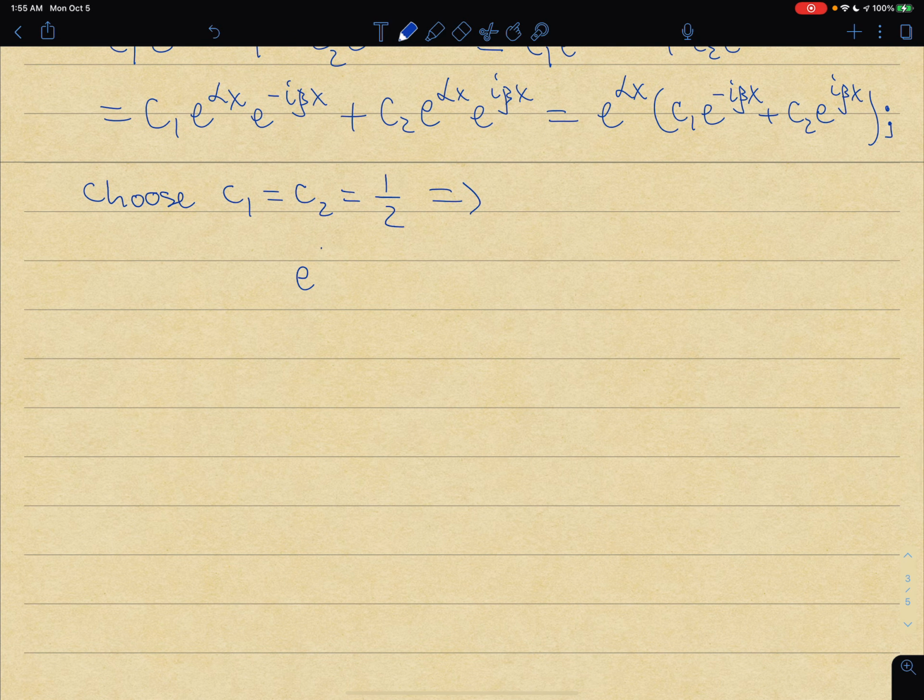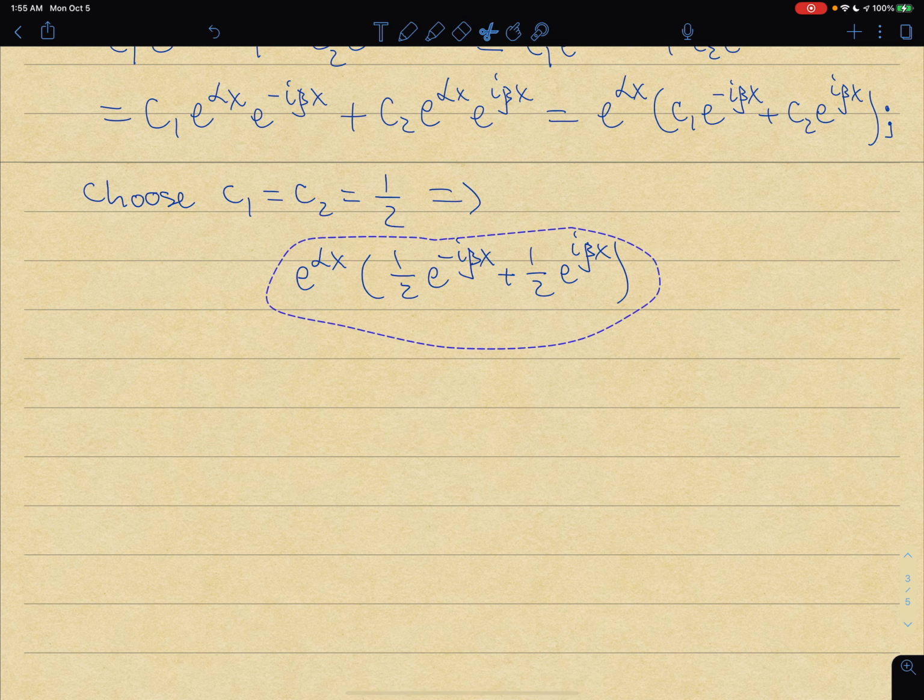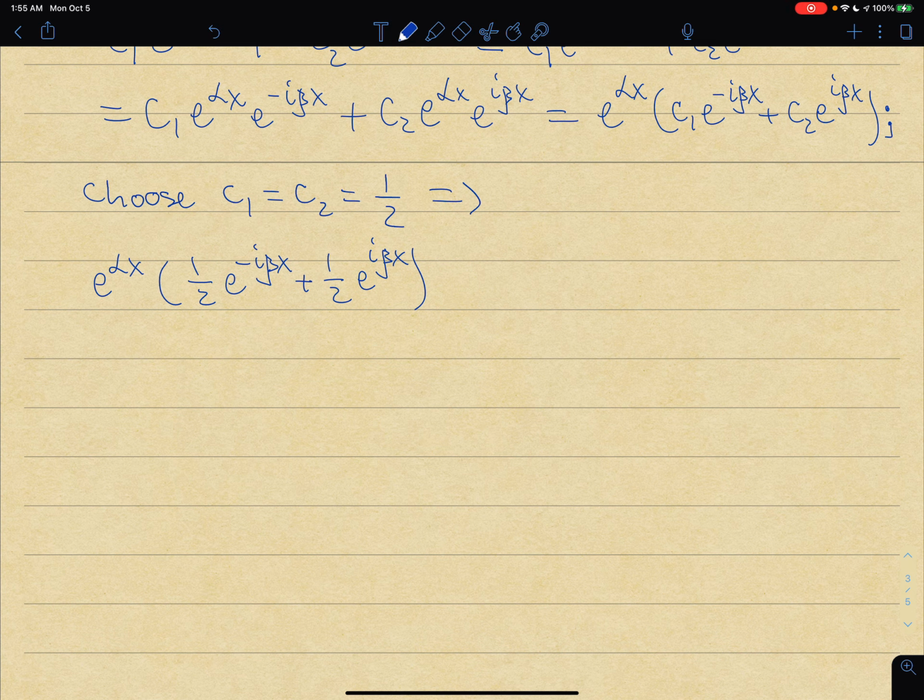I'm going to get e to the alpha x times 1/2 e to the minus I beta x plus 1/2 e to the I beta x. And that I can also write as e to the alpha x times e to the I beta x plus e to the minus I beta x divided by 2.